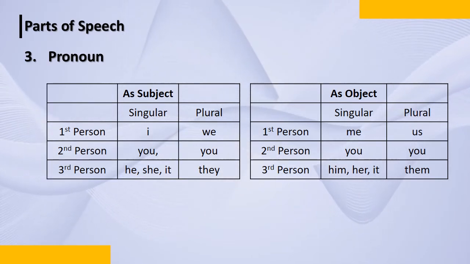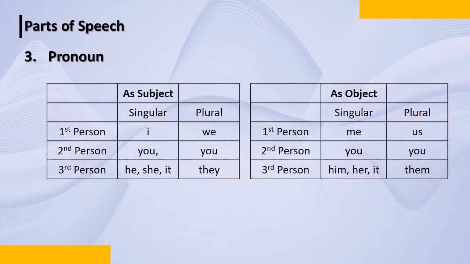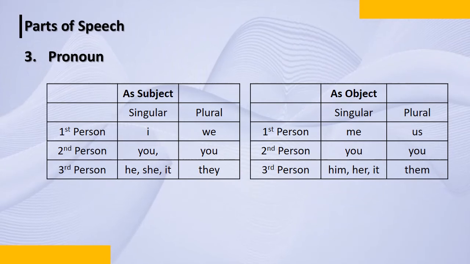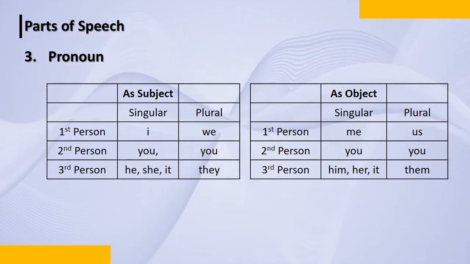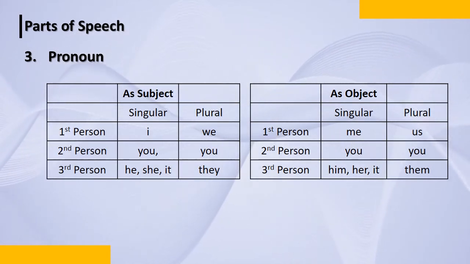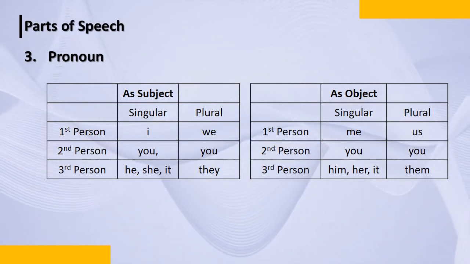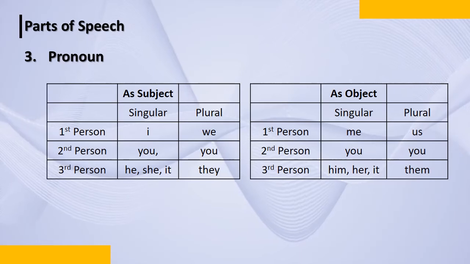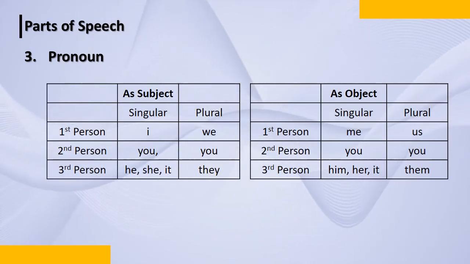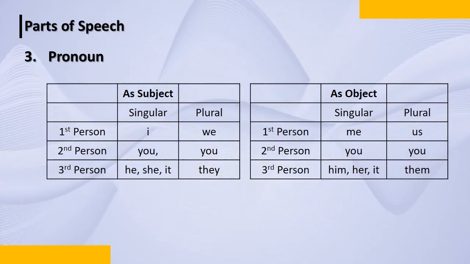I'll explain. Here we have subject and object. Subject is when I'm talking about myself, or I'm talking about Cyril. Object is the second person. So I, which has to be capital, is when I'm talking about myself.